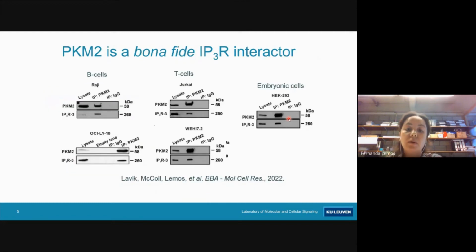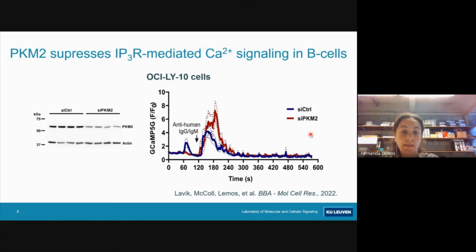We also contributed to this field, showing that PKM2 can interact with IP3 receptor type 3 in different kinds of cells: B cells, T cells, and embryonic cells. Moreover, using PKM2 knockdown in OCI-LY10 cells, a kind of B cell, we showed that PKM2 decreased calcium signaling.